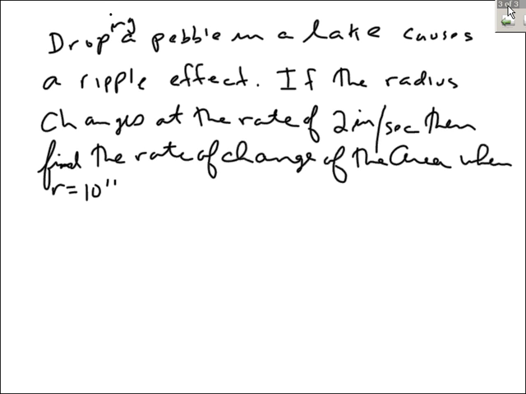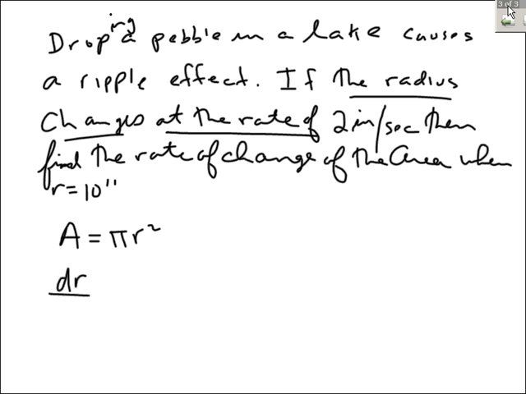You have a circle. The area of the circle is pi r squared. Now, it says the radius changes, that means the derivative of r. It's changing, it's the derivative, at the rate of 2 inches per second.